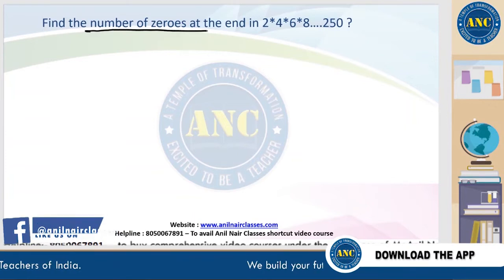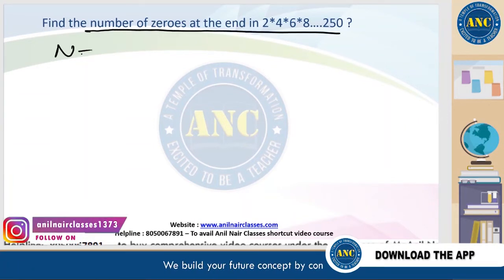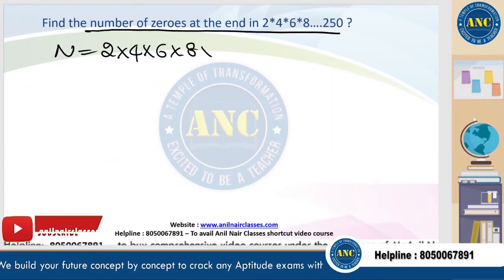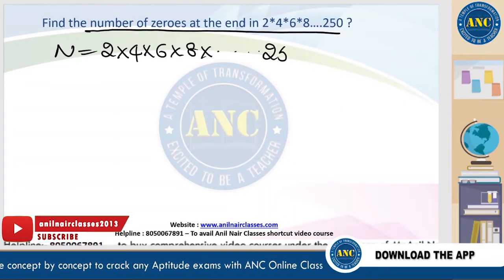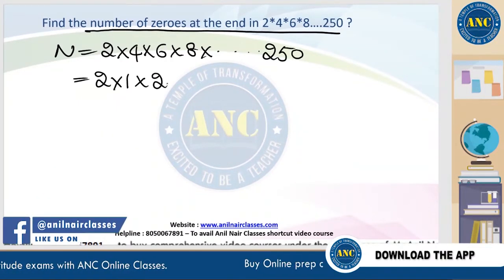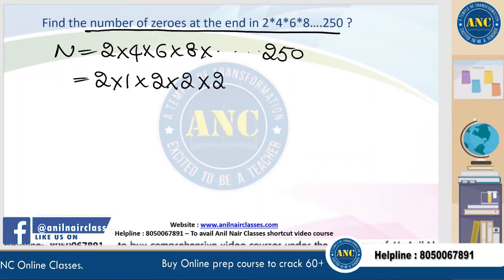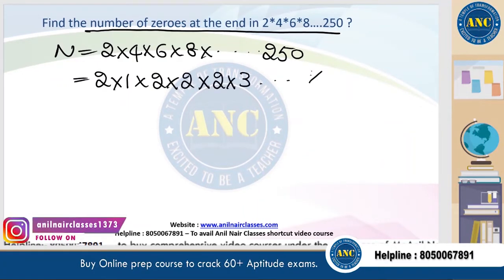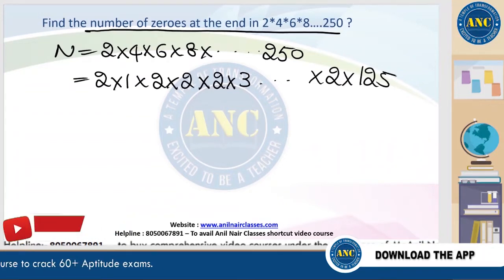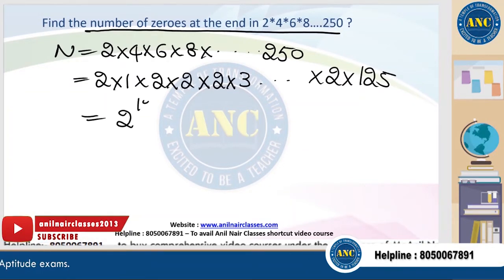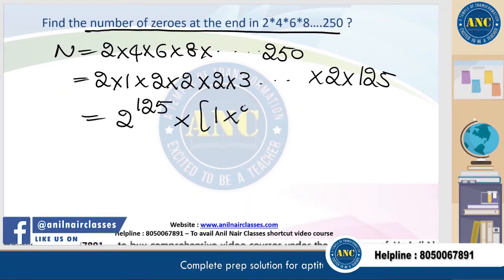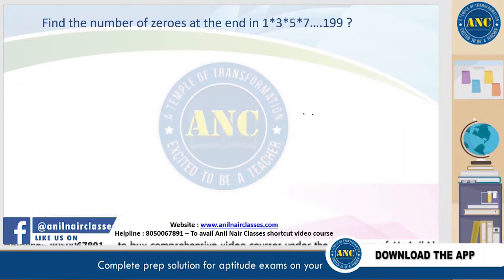Find the number of zeros at the end in 2 into 4 into 6 into 8 and so on up to 250, which is nothing but 2 1s are 2, 2 2s are 4, 2 3s are 6 and so on up to 2 125s are 250. 2 is multiplied 125 times. 2 power 125 into 1 into 2 into 3 till 125.